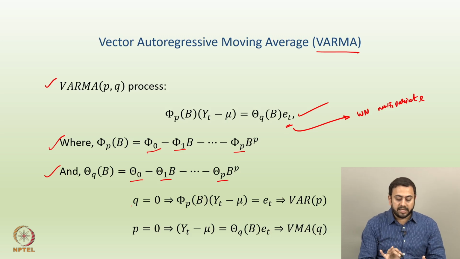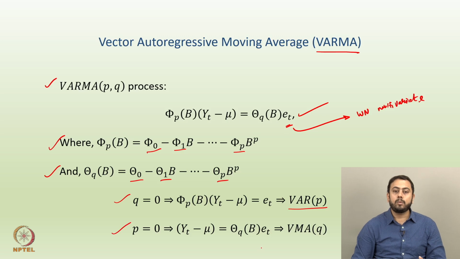Alright, some specialized cases. What would happen if you plug in q to be 0? Then the equation reduces to φ_p(B) applied on (Y_t − μ) equal to only the multivariate white noise ε_t, and this model is nothing but VAR of order p. You don't have any MA component here. Similarly, what would happen if p is 0?